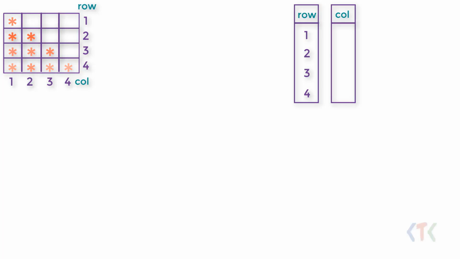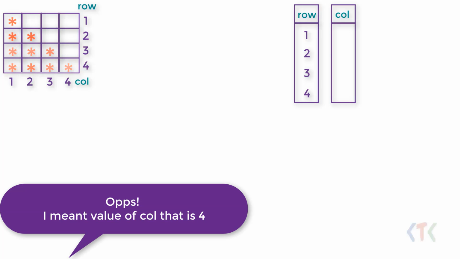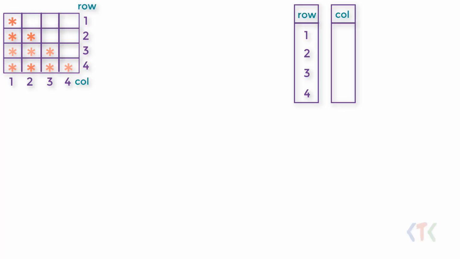So we have the value of row and its max value, that is 4. Let's see the logic to know the value of column when the value of row is 1. Here you can see when row is 1, column is 1, and if you look inside the box matrix, we have to print a star once.